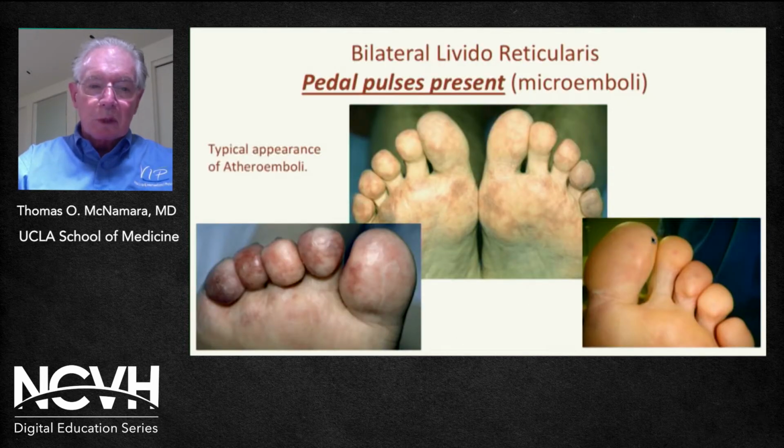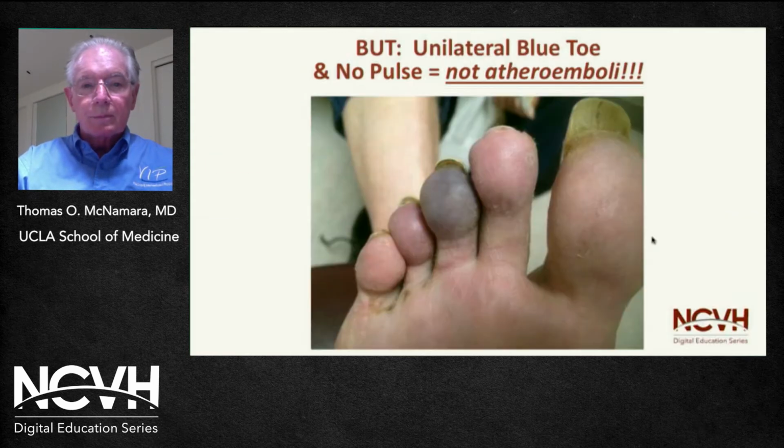This would be pictures of the usual appearance. The one in the middle represents atheroma from above the aortic bifurcation, and below that level, it would be unilateral, which we see on the image on your left at the bottom, and then the right just shows it normal.